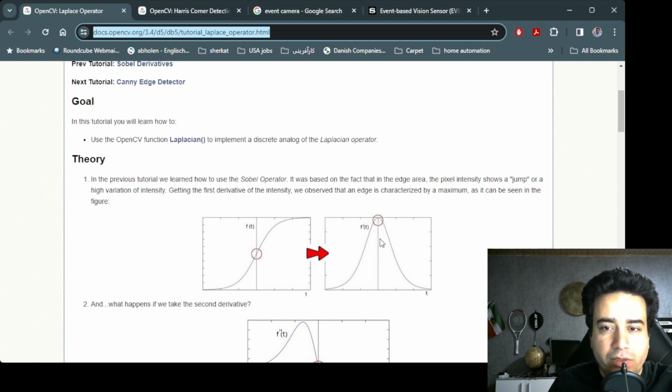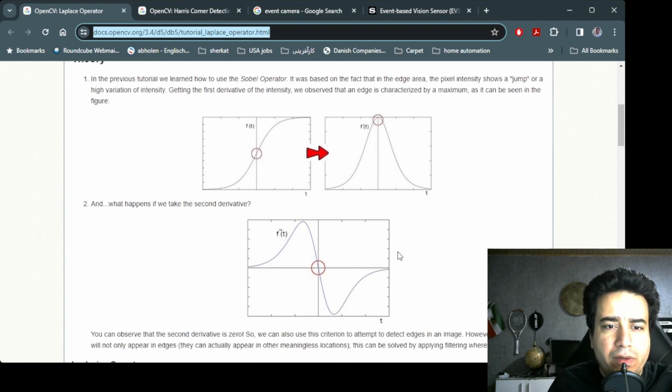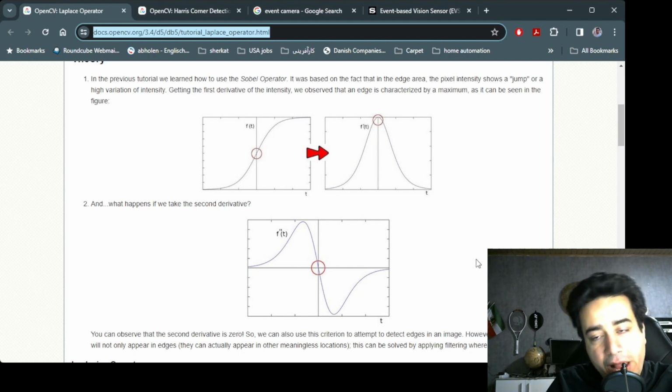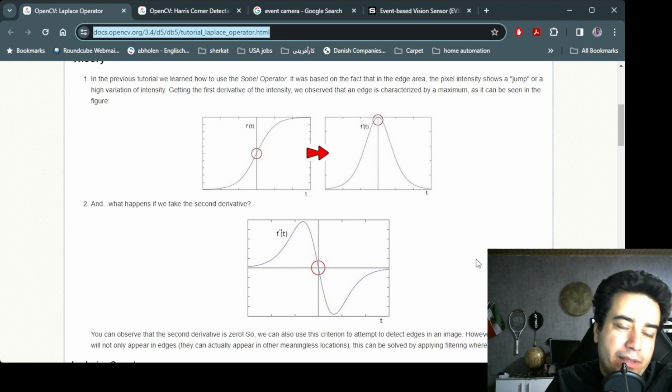As you see in the second diagram, this is the derivative, and if we take a second derivative from this diagram, we reach a point where the second derivative is basically zero. It means that on the upper side and lower side you see a difference. So this is zero, and up and down you see differences in intensity. This is exactly the place where the edges are located, and you can detect them.